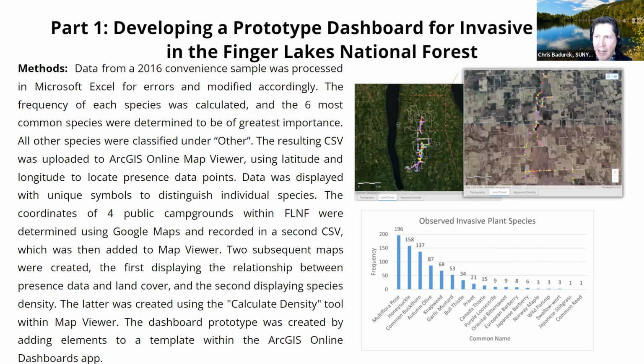And so what had happened is that we had collected field-based observations of invasive plants. And as you can see in this graph, there's sort of a line there.